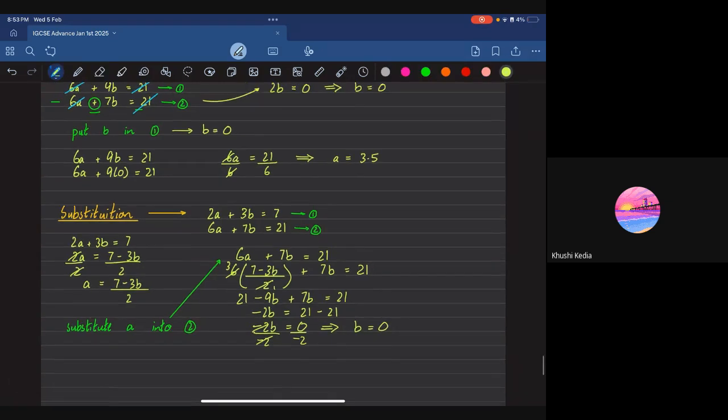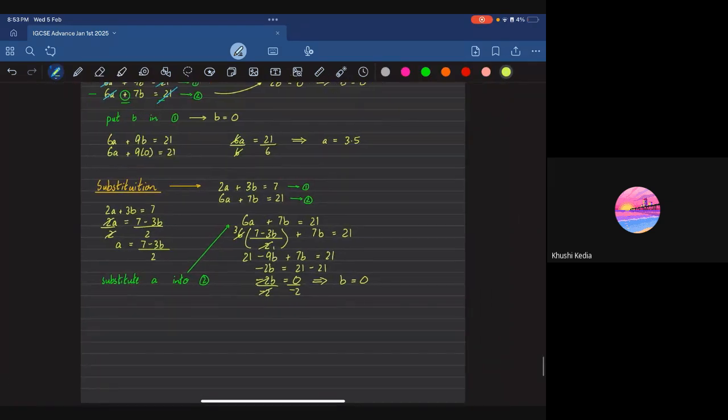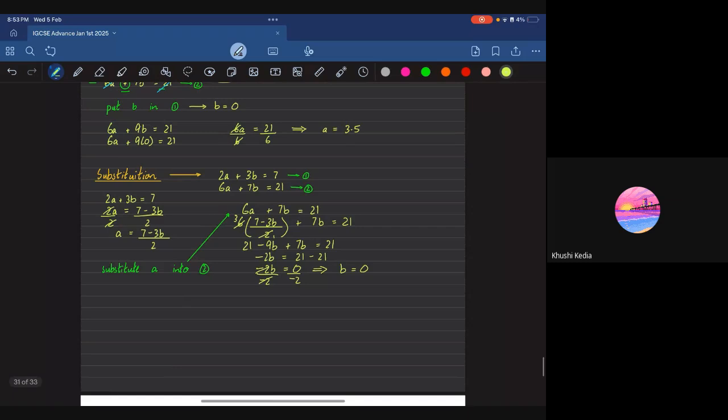Bingo. Clear? The second step after this is going to be fairly simple as well. You're simply going to put b into a, because you already know the figurative value of a. A is equal to 7 minus 3b over 2.